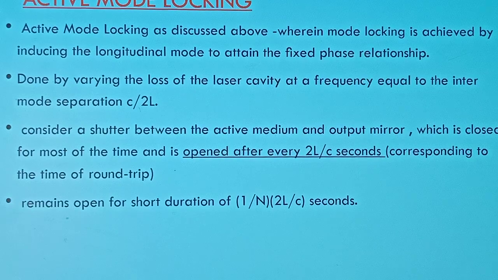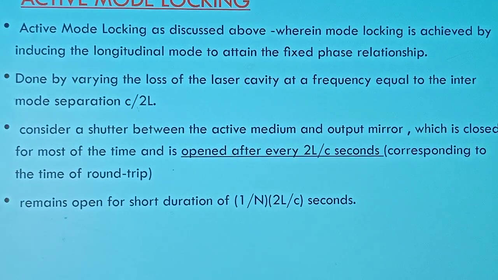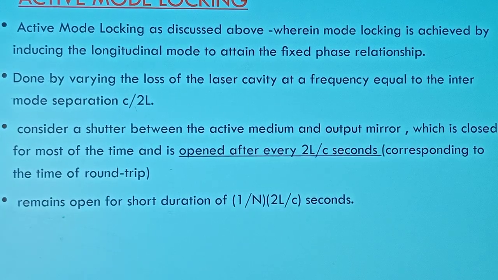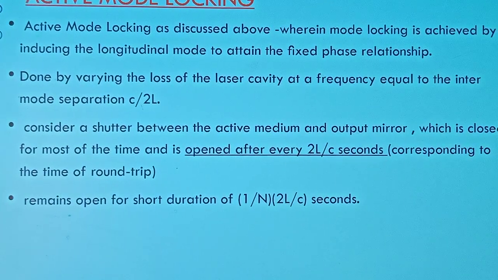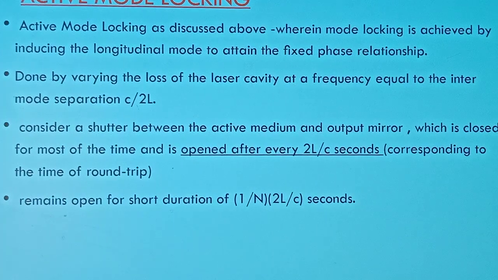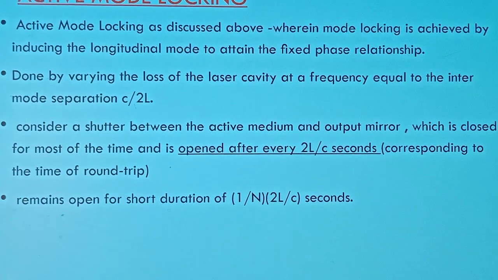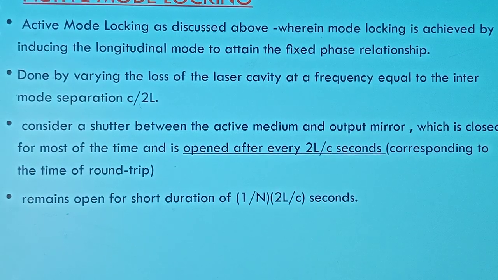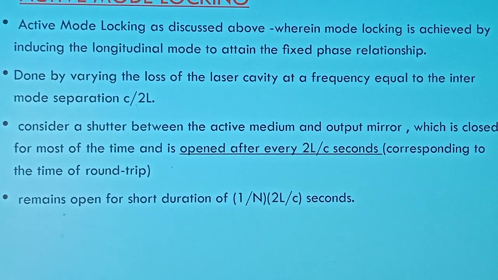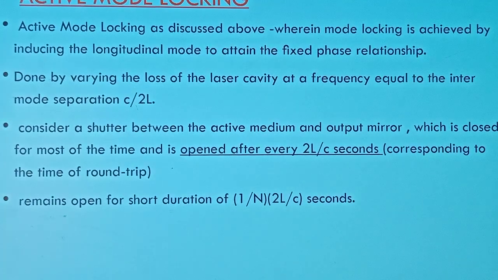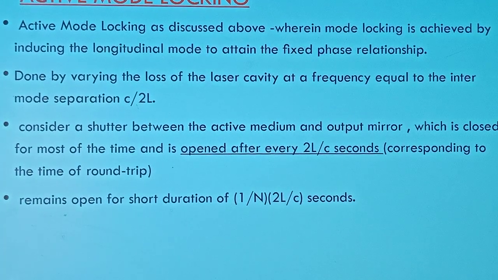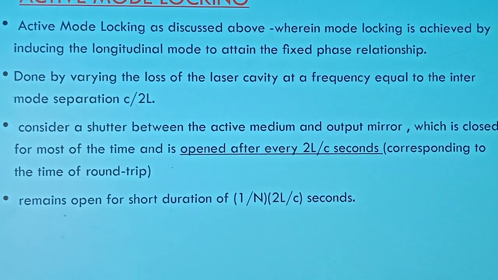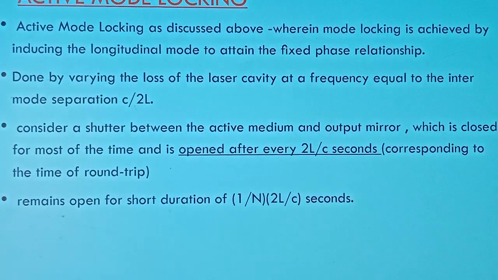In active mode locking, the inducing of phase relation between several oscillations is done in longitudinal mode, that is along the axis of the gain medium or the resonant cavity.